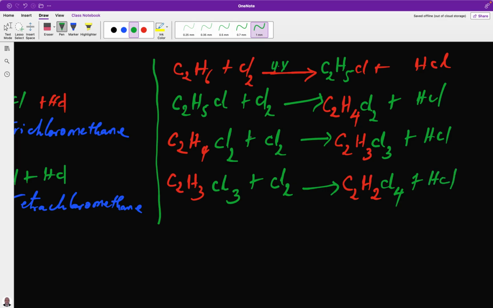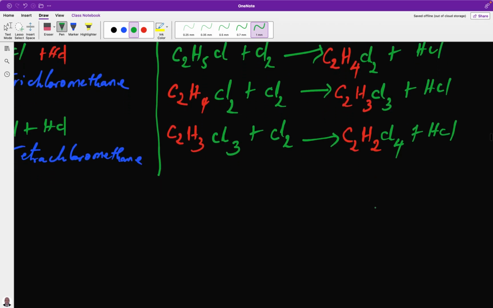Remember, ethane has H6. We are left with 2 other hydrogen atoms. So now we have to continue. Here we have to come back again and continue until all the hydrogen atoms are completely substituted.